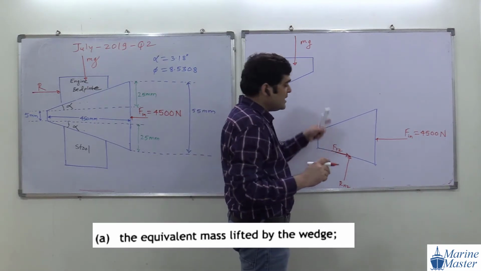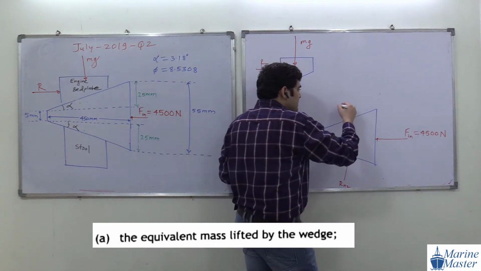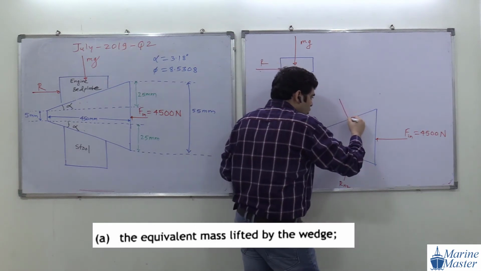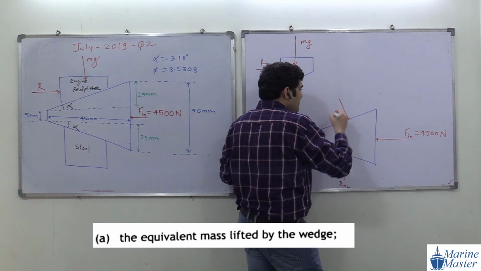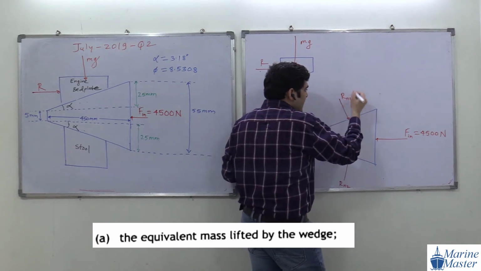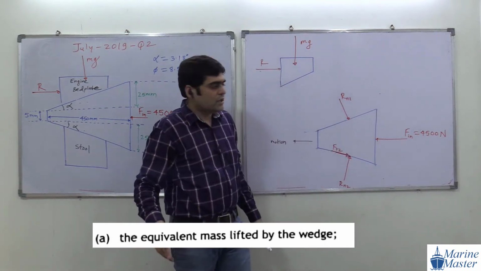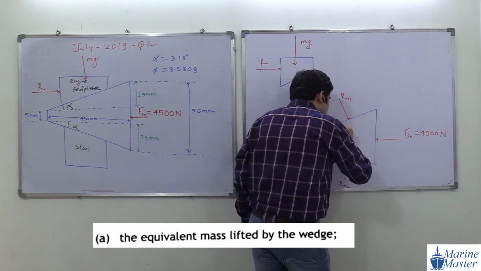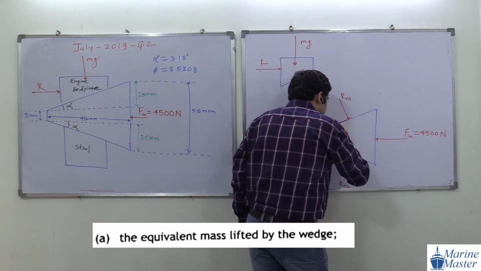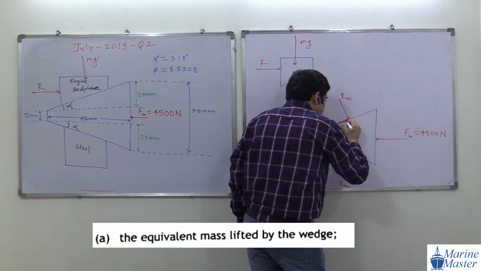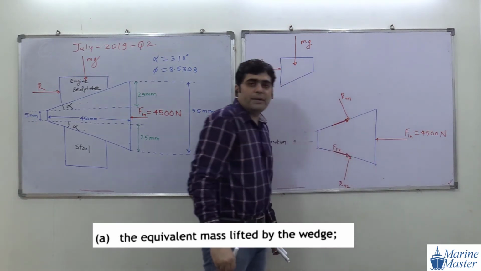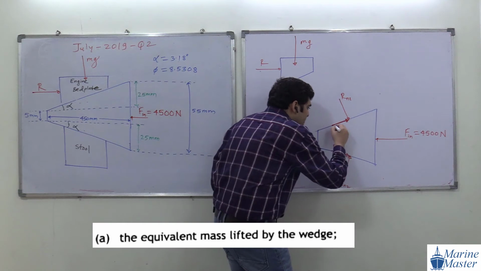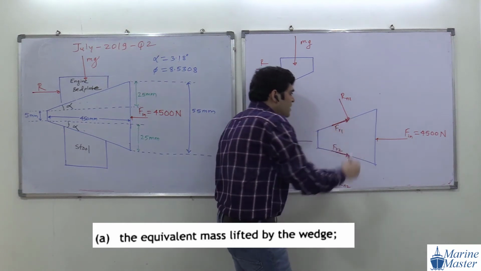Then here we will again have a normal force, normal to the plane, and we will call it Rn1. Then this will be the friction force, and we will call it Fr1.